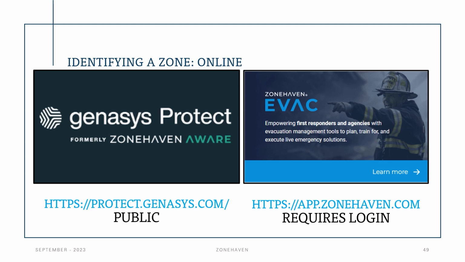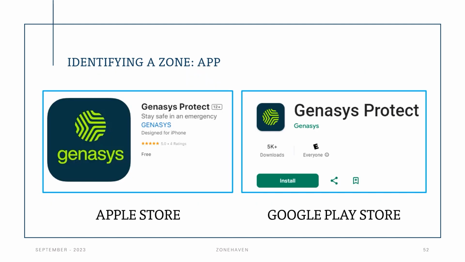Online, the zones can be found using your browser for Genesis Protect, primarily for the public, or ZoneHaven Evac. And that will be for all first responders and those agencies that are participating with this program. Genesis Protect is available in the Apple Store for iPhone users and in the Google Play Store for Android users.